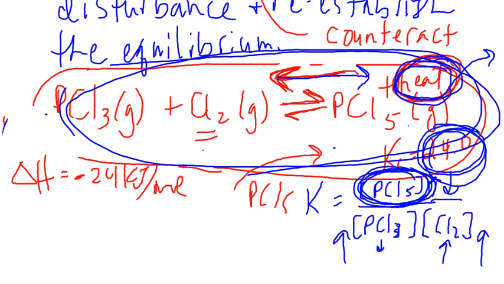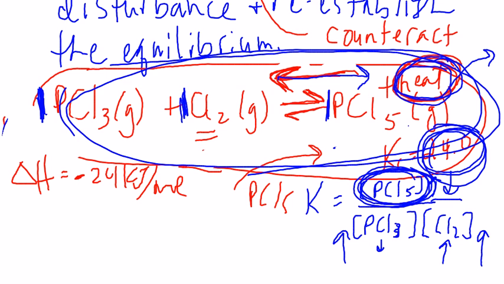Another example of what we could do to change this particular equilibrium is to change the pressure. Now, think about it. We have 1 plus 1, 2 moles of gas on the left, and 1 mole of gas, PCl3, on the right.